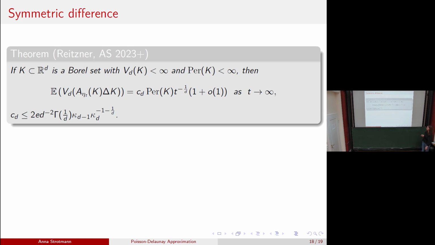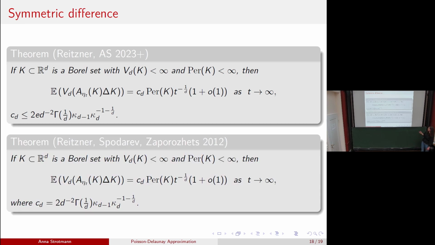And the definition of the perimeter is a bit technical and I don't want to define it now, but what I can say is that for convex sets, the perimeter is equal to the volume of the boundary. So for convex sets, we can exchange this by the volume, also the d minus 1 dimensional Hausdorff measure of the boundary.